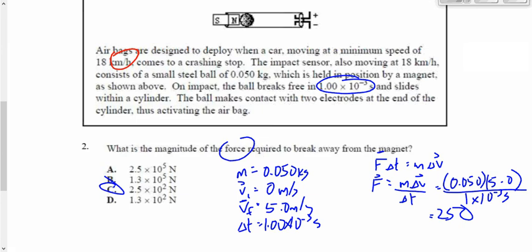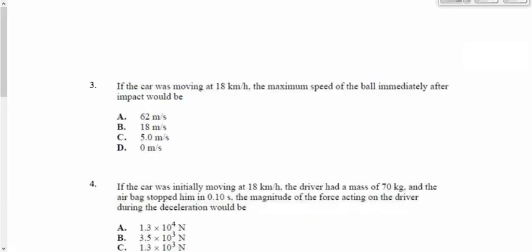Man, don't make this one harder than it has to be. Car is moving at 18, comes to a stop. How fast is the ball moving? Keeps moving, right? It could slow down a little bit because the magnet could kind of hold it back a bit. But what's the maximum speed that it could be going?